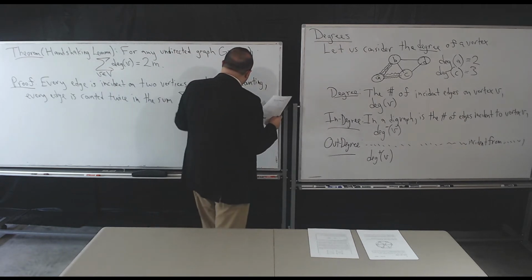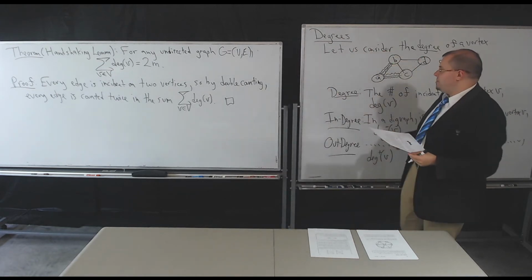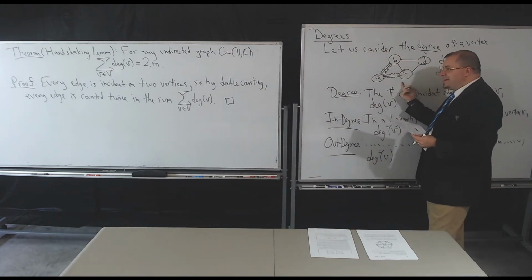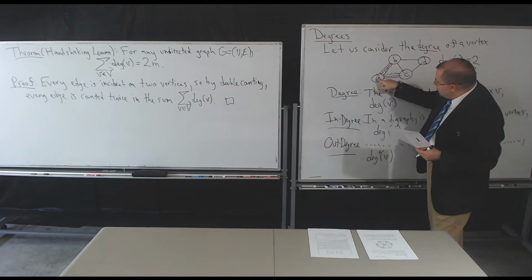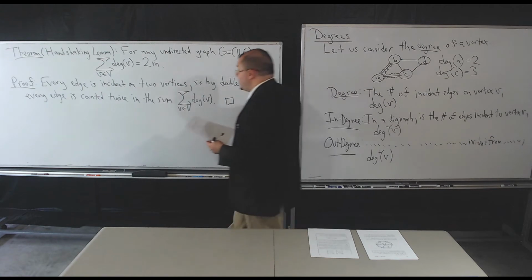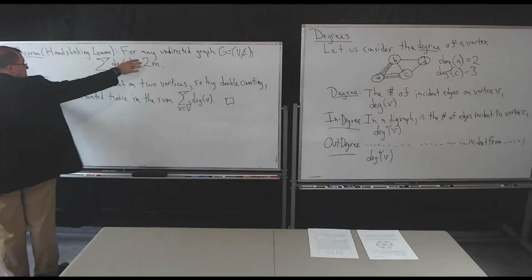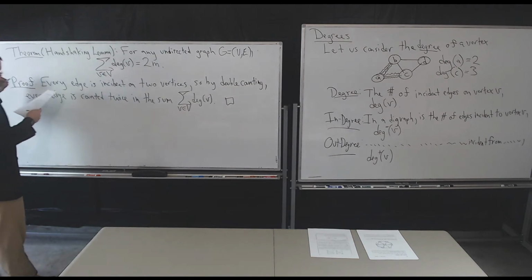And that's really it. So I'm just employing what is called a double counting argument. So I just observe that each one of the edges has two endpoints. I count it here and I count it there. So I counted it twice. How many times do I do it? Over all the edges. Therefore, the sum of the degrees is equal to twice the number of edges.